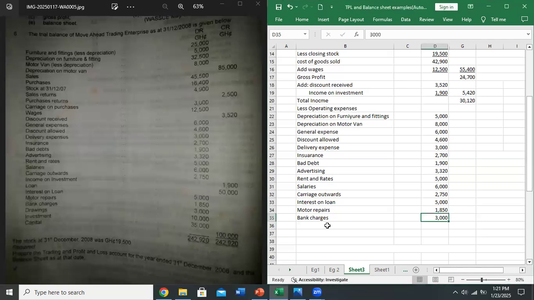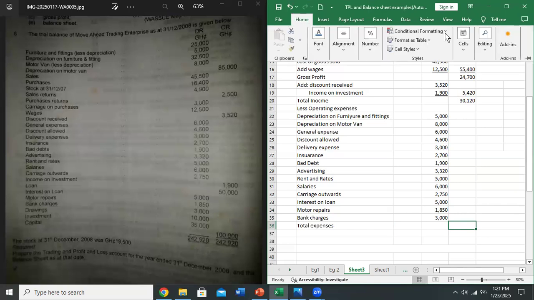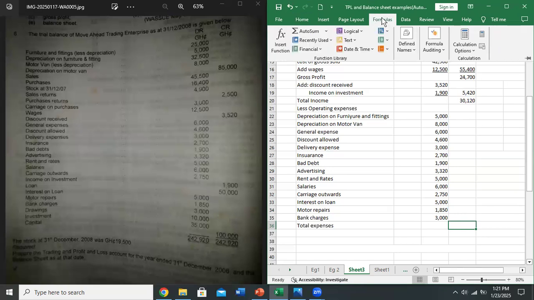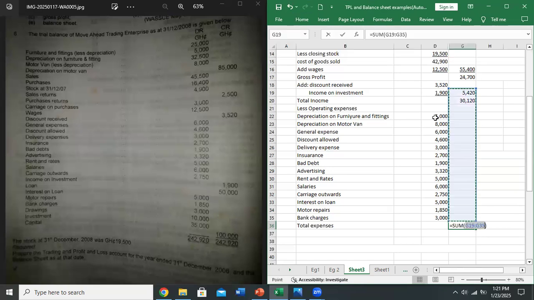So let's get the total expenses. So total of all these figures, that is 58,120. So interestingly, our expenses this time are more than the income.